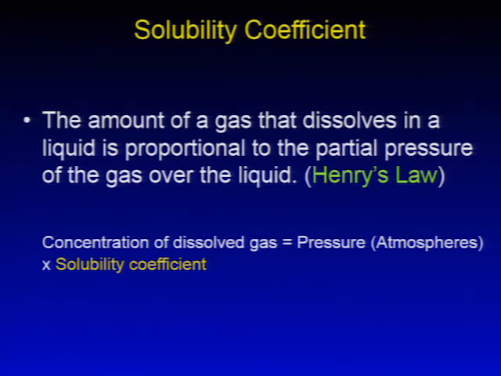The solubility coefficient is a similar concept. The amount of gas that dissolves in a liquid is proportional to the partial pressure of the gas over the liquid. That's called Henry's law. Therefore, the concentration of the dissolved gas can be calculated as the pressure in atmospheres times the solubility coefficient.